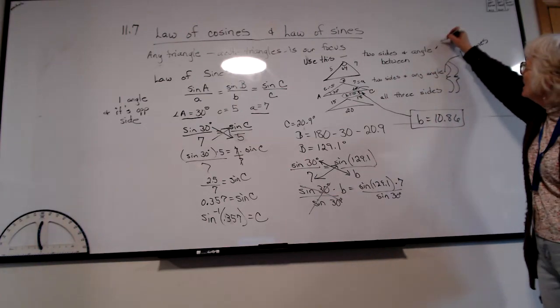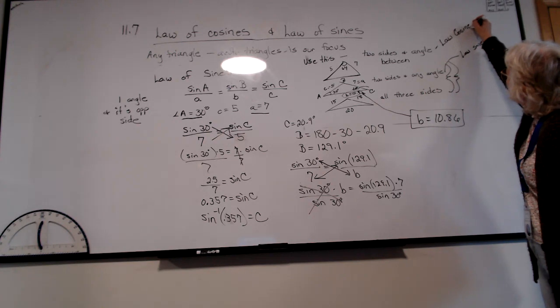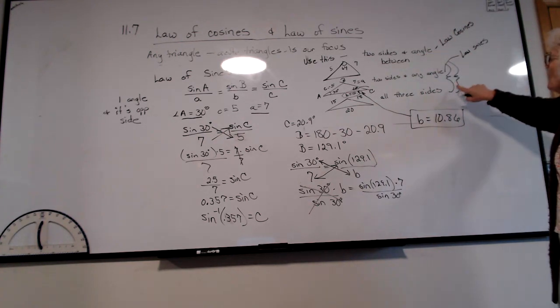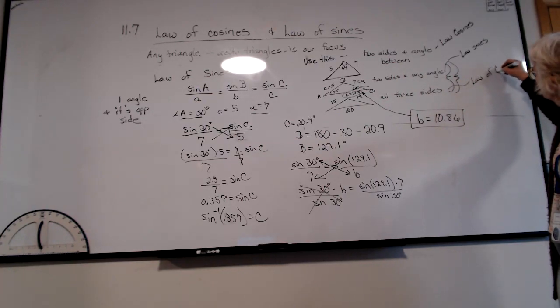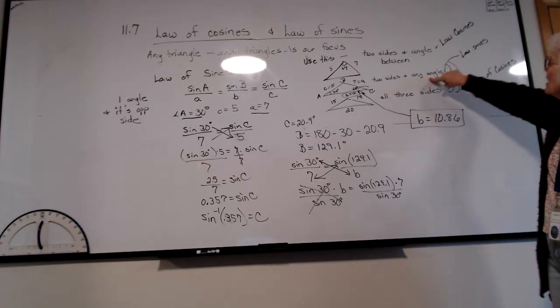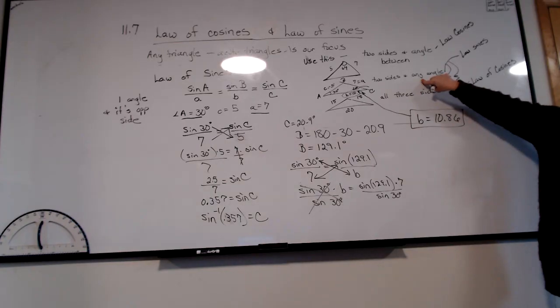So I would use law of cosines for this, because that's very easy, it's straightforward. I would use the law of sines when it's a different angle than the one in between.